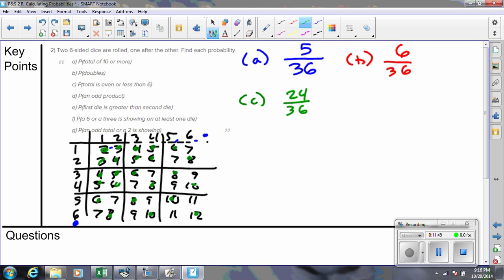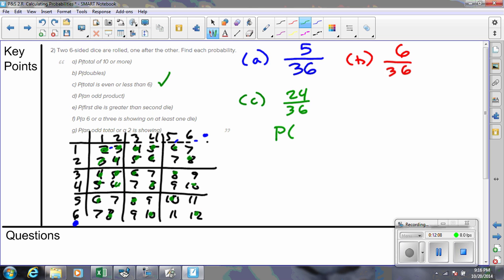So we can actually create the complete list and get that totally and completely valid method. You would also want to note another way of doing it. We could do this by saying the probability that it's even or less than 6.